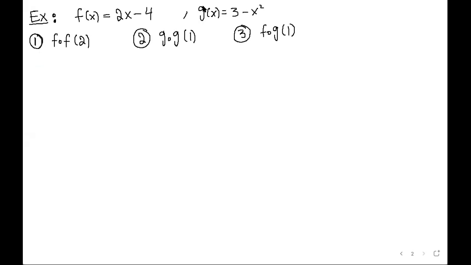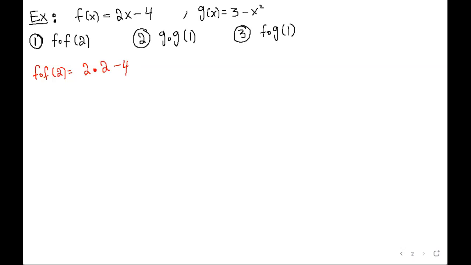Who will do the first one? So I have function f, I have the function g. First one, find f circle f of 2. Now I give you a number. Yes, Noel. Okay, so it would be 2 times 2x minus 4, replace that x with 2.